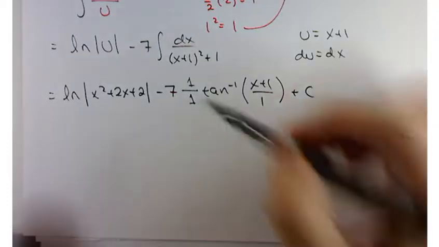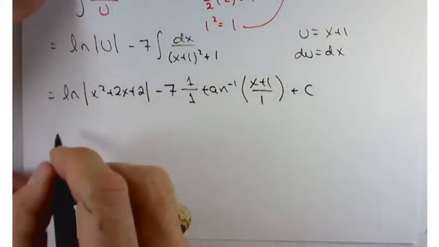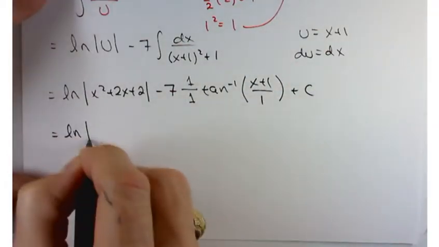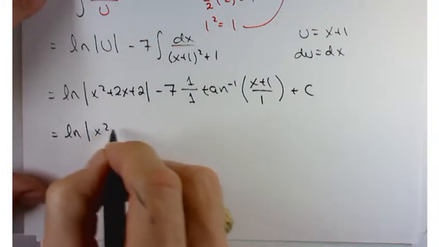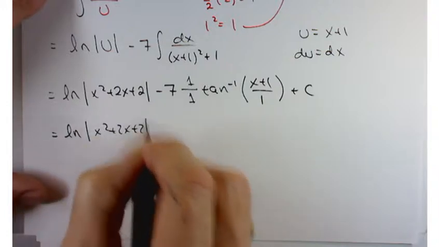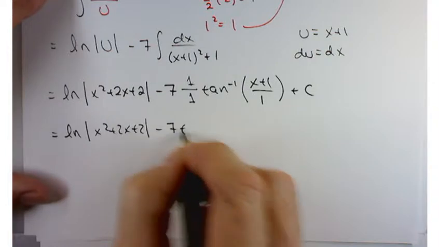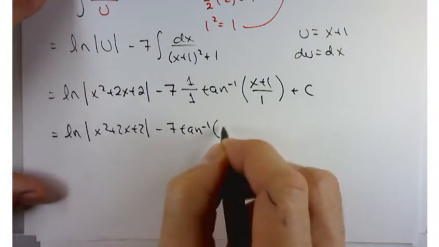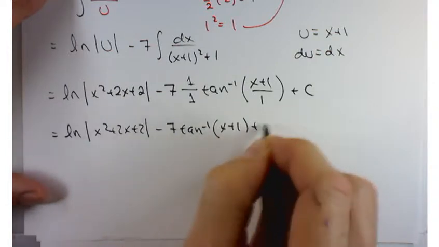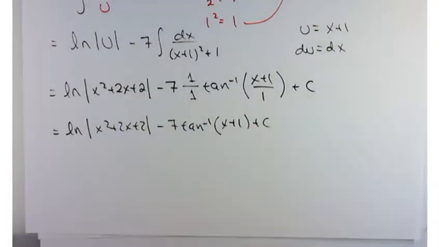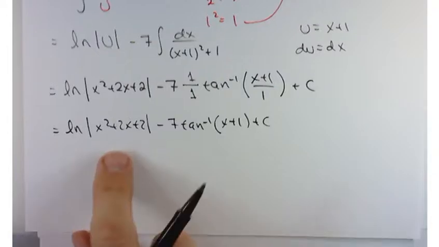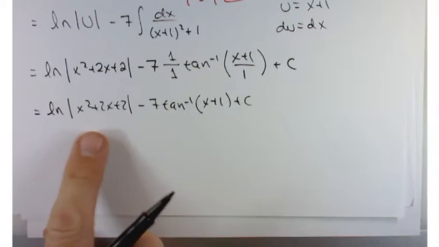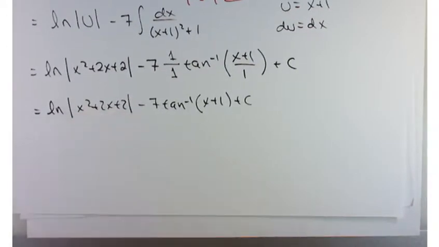You don't necessarily need to write all this extra stuff here. Let's just clean it up as ln of x squared plus 2x plus 2 minus 7 tangent inverse of x plus 1 plus your constant. Okay. Technically, you probably don't need the absolute values here because that parabola is always going to be positive, but it doesn't hurt to leave it there.